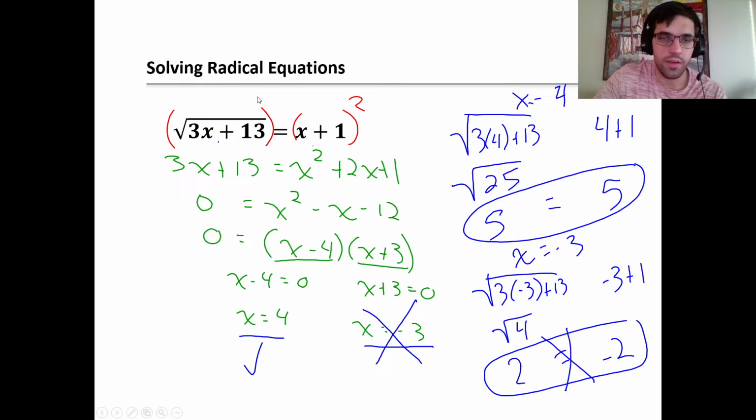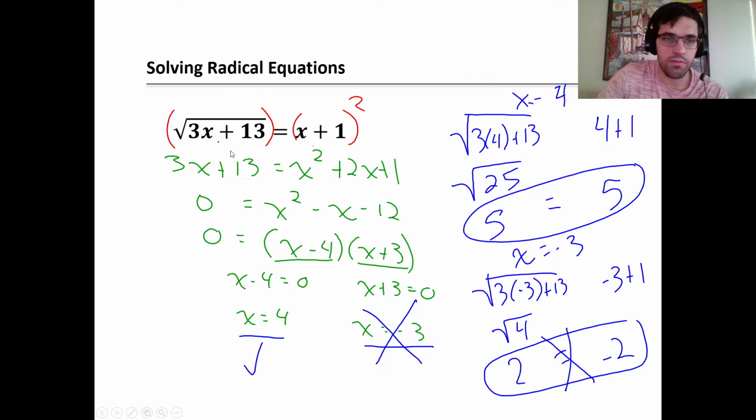Well, to find that, let's look at what happened when we squared both sides. We got this new equation, which has two different expressions. The first two expressions were a radical and a linear. When we square both sides, the radical turns into a linear, y equals mx plus b. And the linear side turned into a quadratic. We got that x squared plus 2x plus 1 is a quadratic.